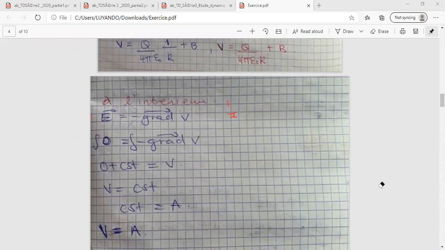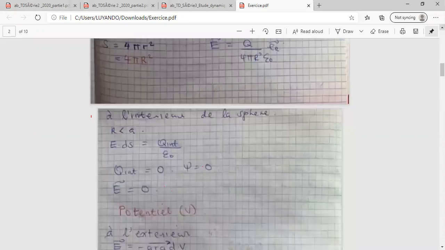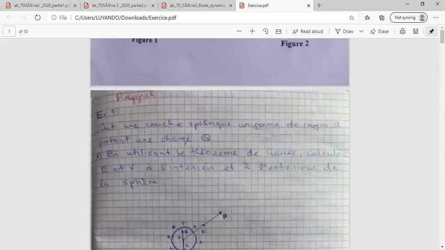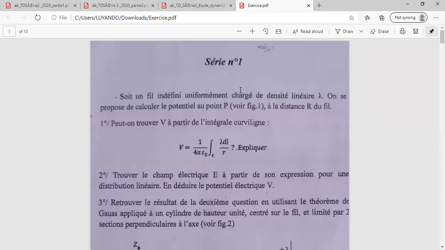Now we move to what we're doing today, which is something similar. This is our question: we have an infinite wire uniformly charged with linear density. We've been given the linear density. We are to calculate the potential at point P at a distance R from the wire.